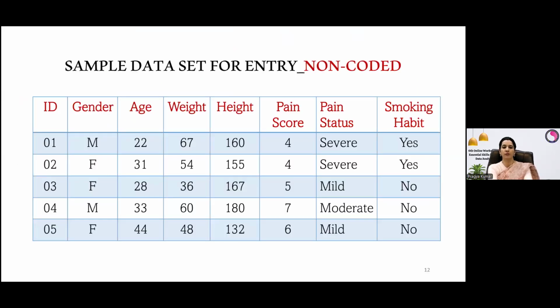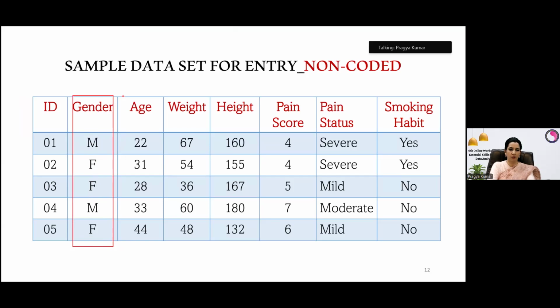Now coming to this, this is just a small dataset which we have taken here. In a spreadsheet, what are the two components? There is something known as the column. So this is a column. All of you agree? This is a column. Age is a column. Weight is a column.